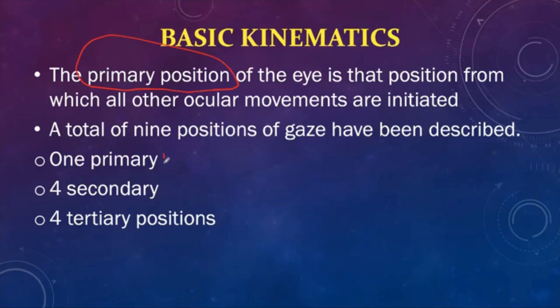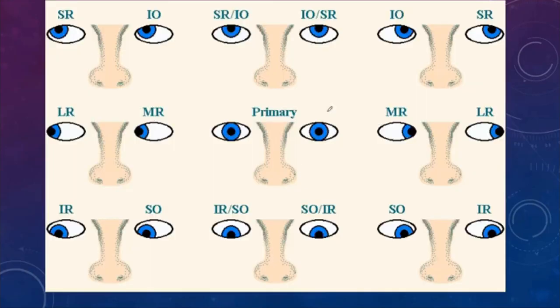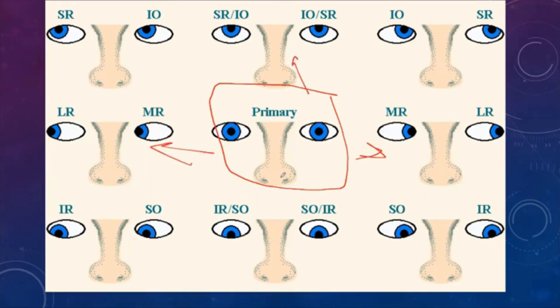So we have one primary, and the other movements are 4 secondary movements and 4 tertiary movements. So these are the 9 cardinal gazes or 9 movements of the eye. This is called the primary position. And there are 4 secondary movements and 4 tertiary movements.